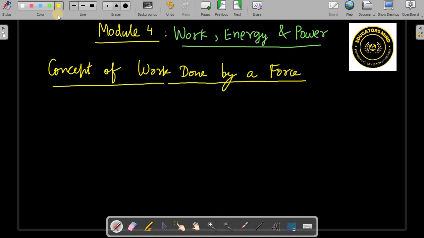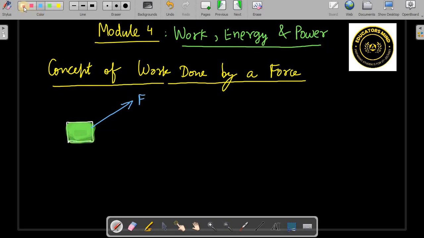What is work done by a force? Let us say that there is a body. Let us consider that there is a body, and this body is acted upon by a force. This is a block you can take, and right now let us not consider friction. To keep things simple, let us consider that there is a force acting in this direction.